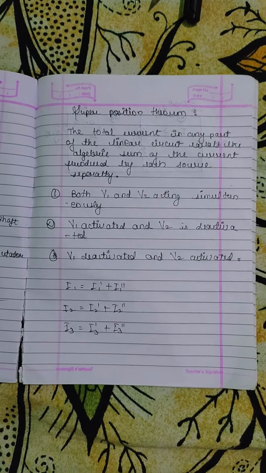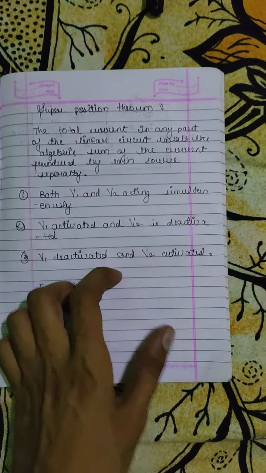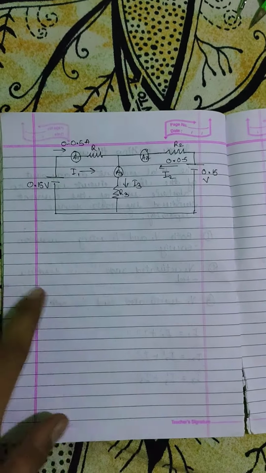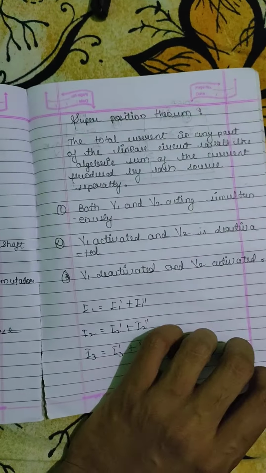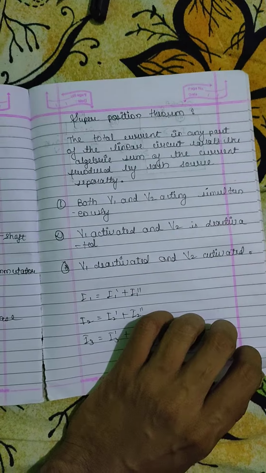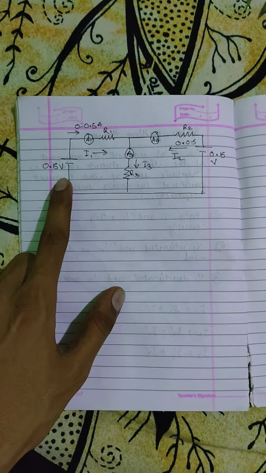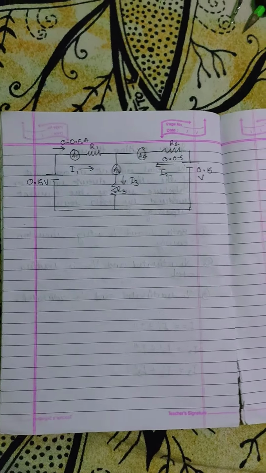According to the definition, the total current of any part of the linear circuit is equal to the sum of the current produced by each source.